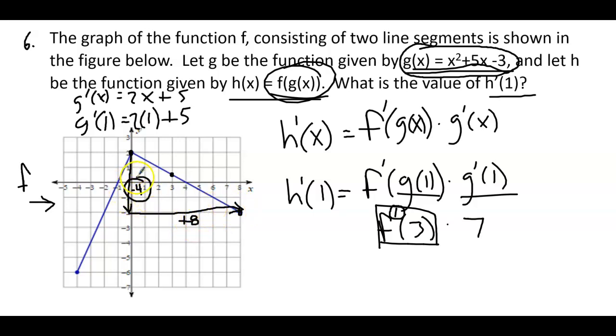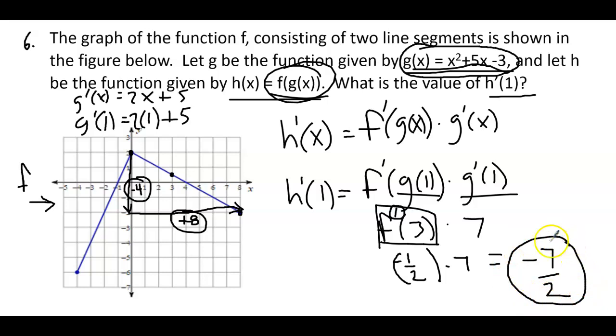So this is my rise, and this is my run. And so that's negative 4 over 8, which is negative 1/2. And if you multiply those together, you get negative 7/2, and that would be the final answer there.